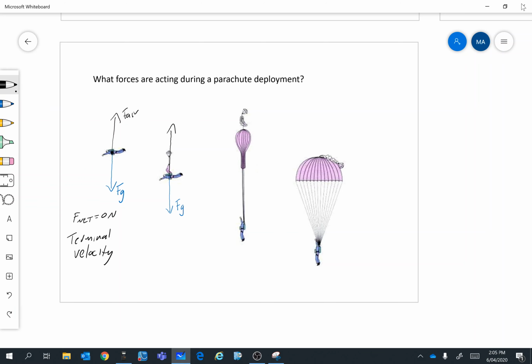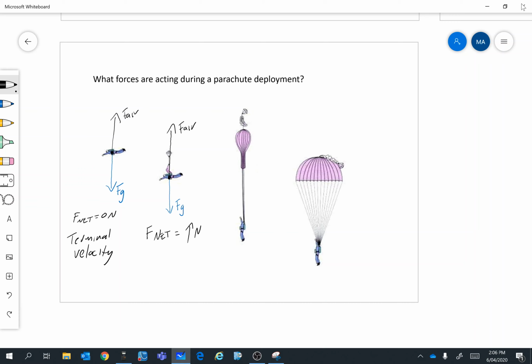I'll just make it slightly longer. So that black arrow is meant to be a little bit bigger now than the force due to gravity. So the net force is now upwards. Don't know how much, not going to worry about any calculations. So this skydiver begins to accelerate upwards.